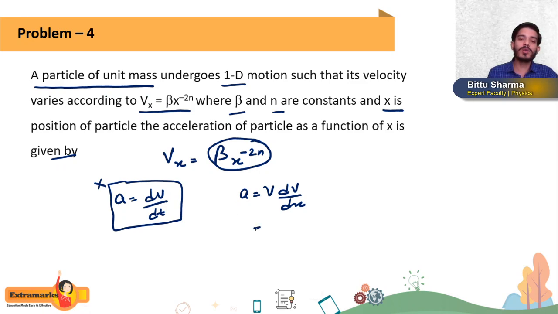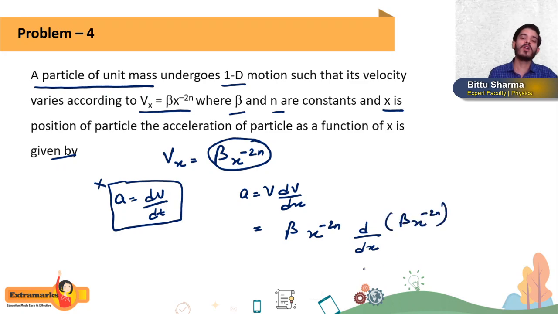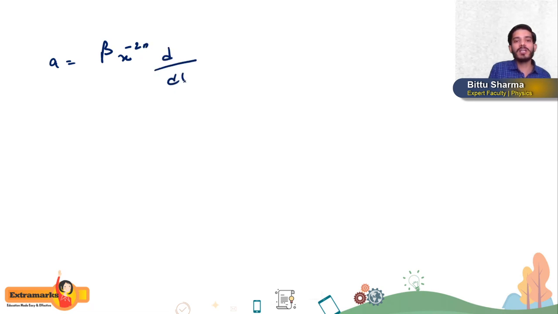Now if you use this, students, velocity v is given, so a is equal to beta into x to the power minus 2n into d by dx of beta into x to the power minus 2n. If you solve this, how much will you get?